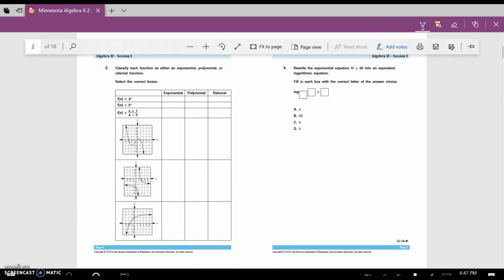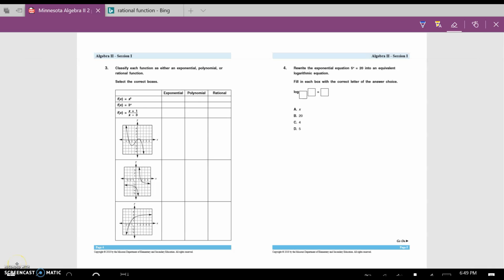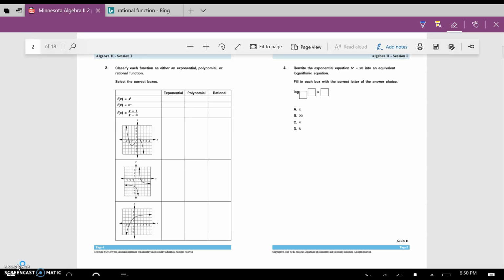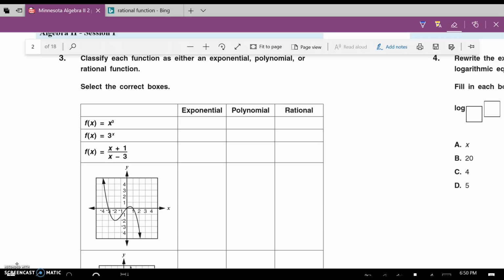All right, and then we have number 3. All right, so then we're going to look at number 3. And number 3 wants you to classify each individual one. So when we look at the first one, we have x to the 3, and our options are exponential, polynomial, and rational. Okay, and we actually just got through talking about exponential, so we should kind of know what exponential looks like. Okay, if we have x cubed, we know that that one is a polynomial.